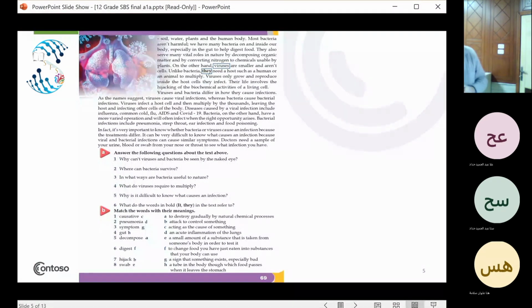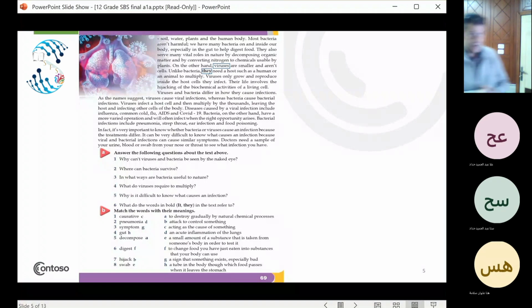Diseases caused by a viral infection include influenza, common cold, flu, AIDS, and COVID-19. These are examples of diseases caused by viruses.